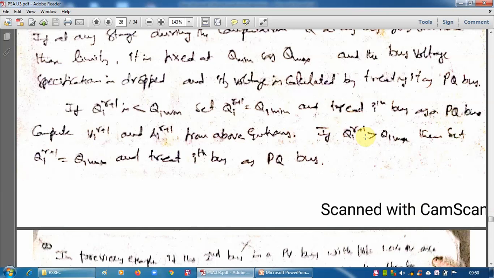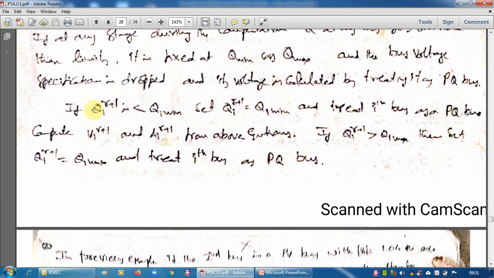In a similar manner, assume that the maximum limit is violated, that is, the calculated value of Q is greater than the given maximum limit. Then also treat that bus as a load bus by setting Q equal to the limit, not our calculated value.